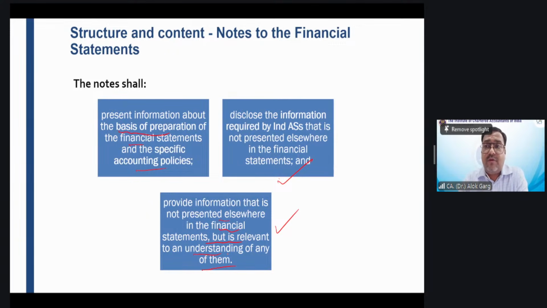Tell me yes or no. As a user of the financial statement, for example, you chartered accountants as shareholders, whether you want to know if the assets are freehold or mortgaged with a financial institution or bank. It is important to know. So any information which is not presented elsewhere in the financial statement, but relevant to the understanding of any of them, is required to be given.